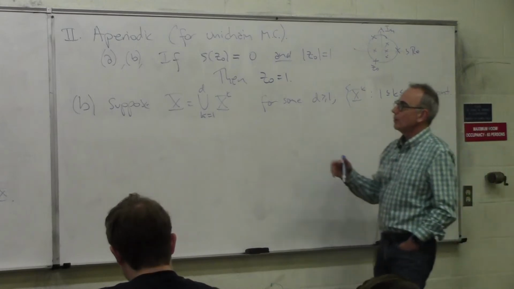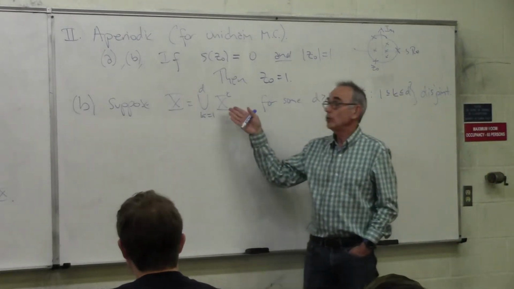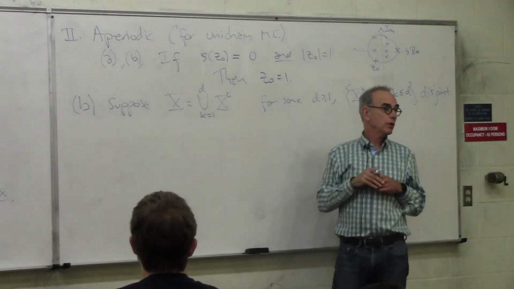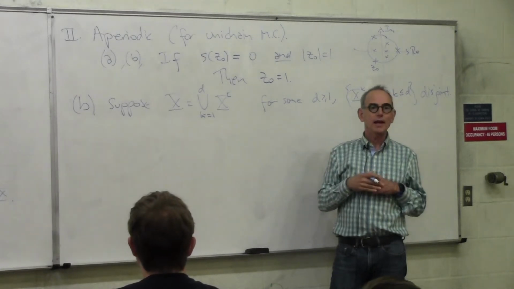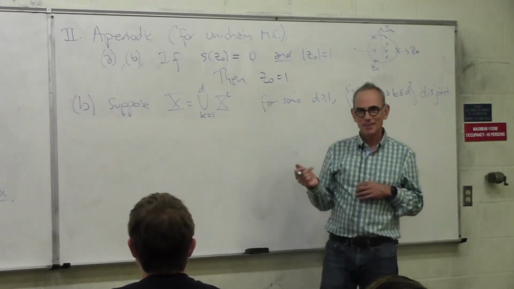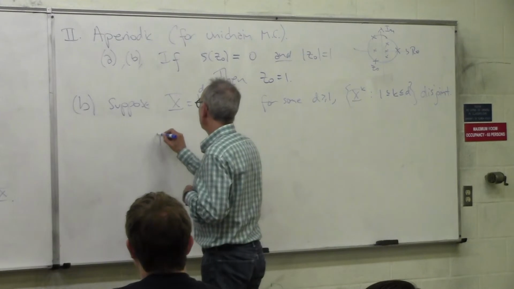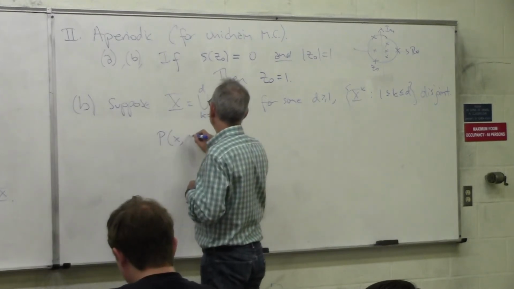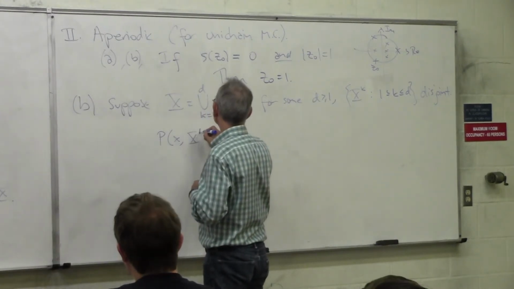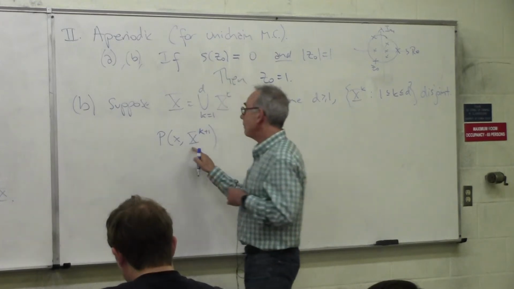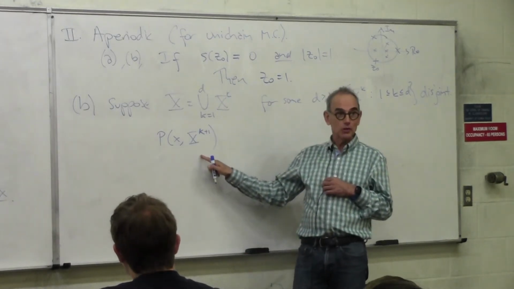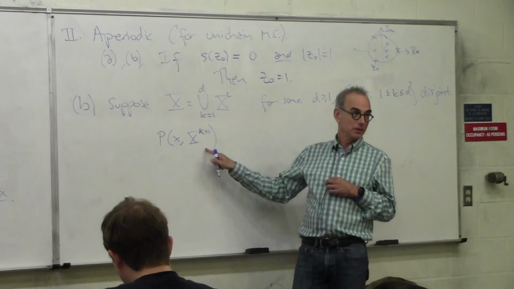Okay, so suppose you can represent the state space as a union of disjoint smaller sets, and they have this periodic behavior. So the probability of going from x in X_k to X_{k+1}. Remember when I originally defined transition kernels, I put a set here, not a point.